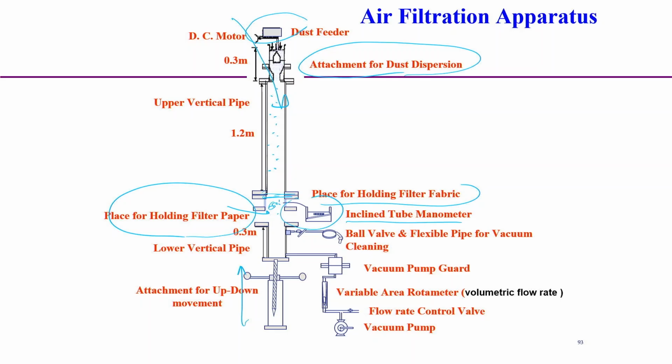So, here we calculate the mass of dust M1 fed within a certain time, and the mass of dust M2 which has passed through the filter fabric. From M1 and M2 we can calculate the filtration efficiency based on mass.